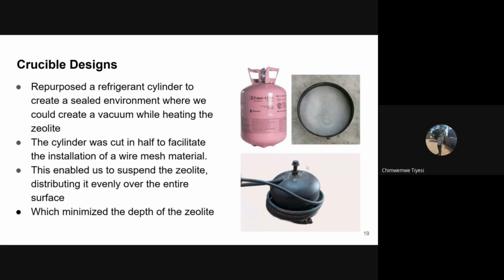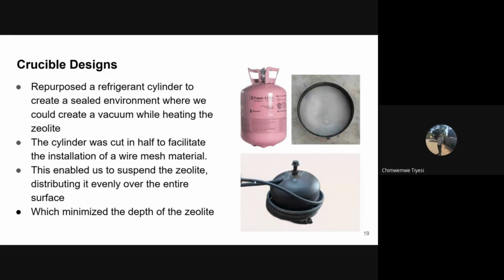I also want to mention that the gauge of the wire mesh was fine enough to prevent any zeolite from passing through while still allowing air to go through it. Once the mesh was installed, the two halves of the cylinder were welded back together. You can see in the picture below the halves of the cylinder welded back together.